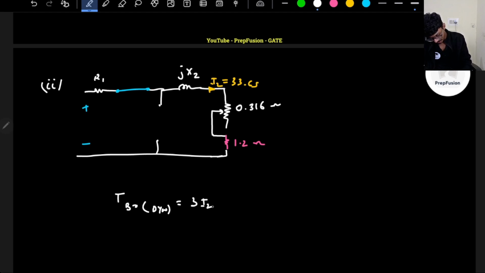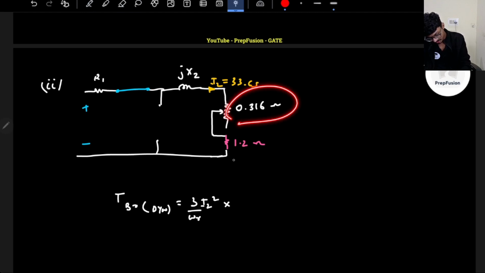It will be 3 by omega r into I2 square into (0.316 plus 1.2).